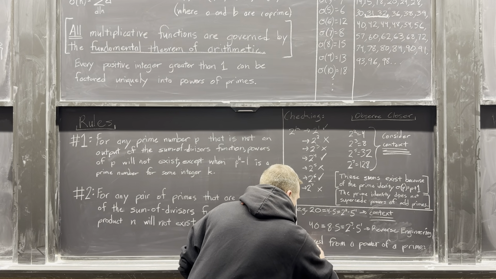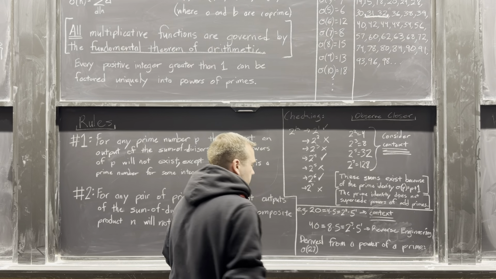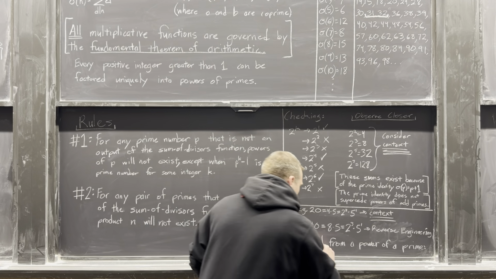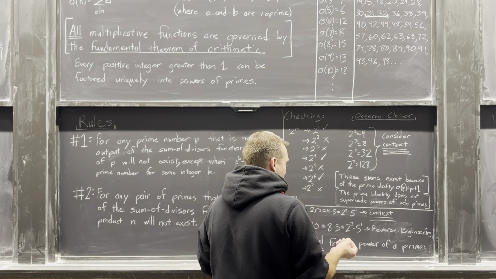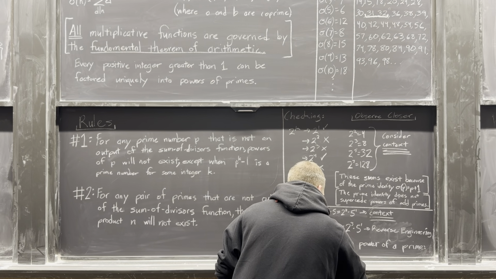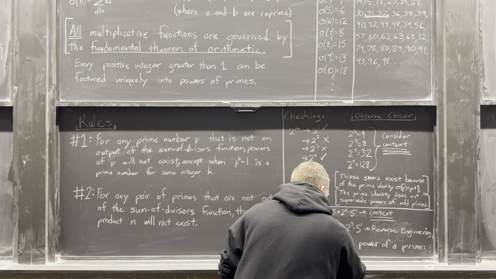Sigma of 27, which is equal to what I call the prime power identity, which is equal to sigma of 3 to the 3.